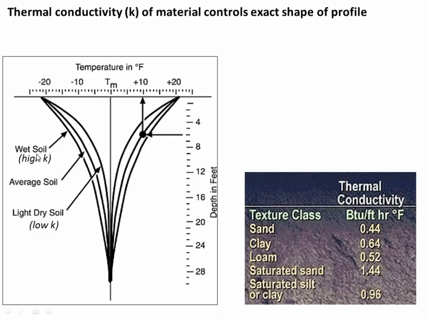And that's because the wet soil is a much better conductor. It has a higher K, or conductivity, which means that it can release that heat sooner, more effectively, and actually cool down quicker as the seasons are changing. So you end up with a profile that's a little bit colder in general.